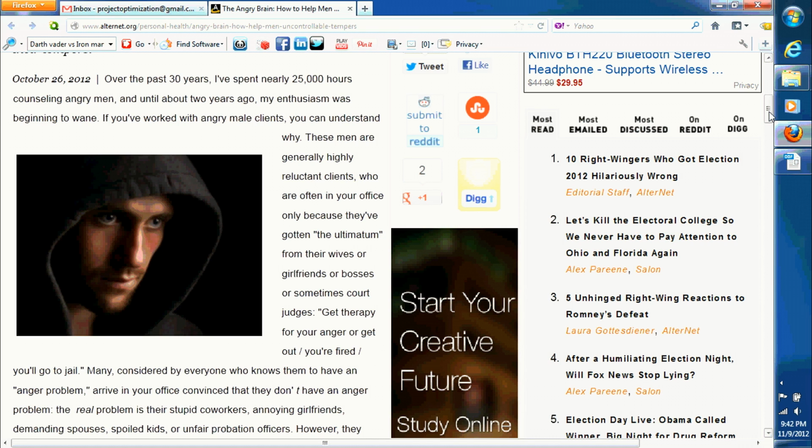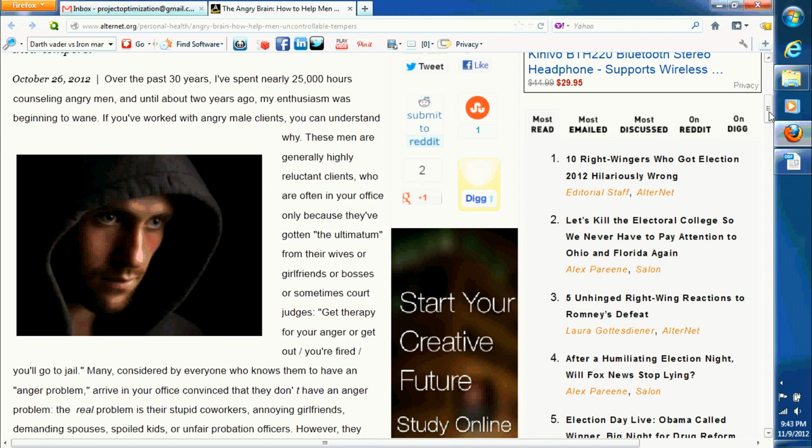If he gets therapy for his anger, then he will not be fired, at least not for the reason of getting angry. If he gets therapy for his anger, then he will not have to go to jail, at least not for anger. And in all these cases, we're assuming that the therapy was 100% effective in not making him angry anymore.